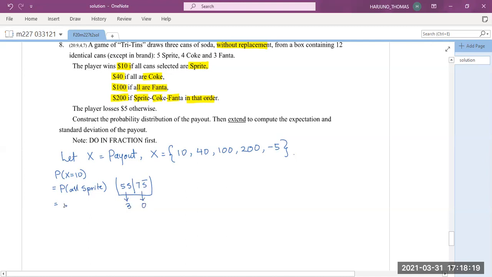The probability will be 5 choose 3 times 7 choose 0 over 12 choose 3. That's 10 times 1 over, what is 12 choose 3? 220. So the probability is 10 over 220.